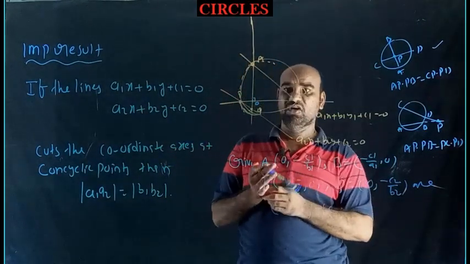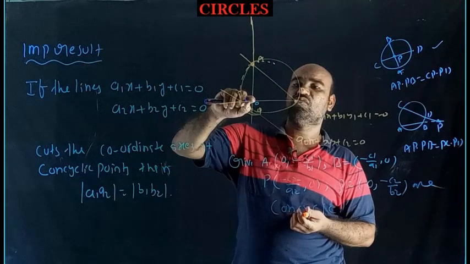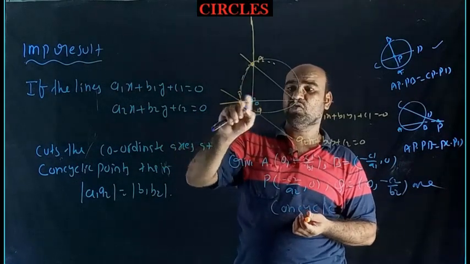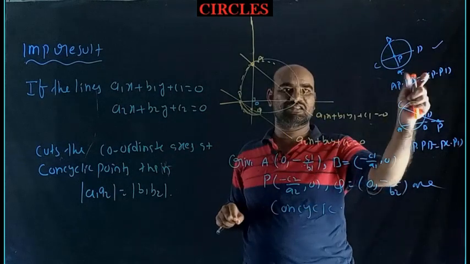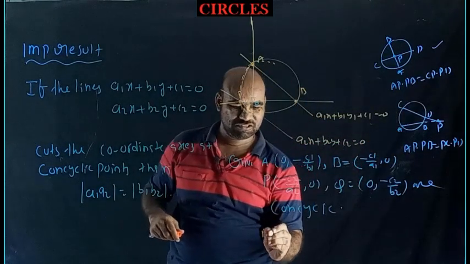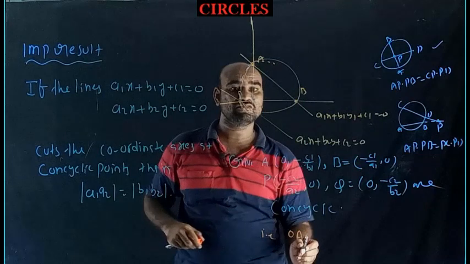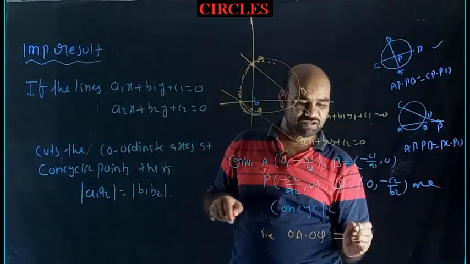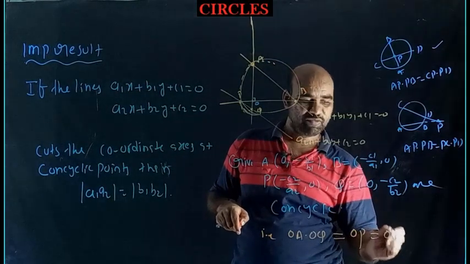Okay. Now what can I say? OA into OQ equal to OP into OB according to this concept. That is OA into OQ equal to OP into OB.